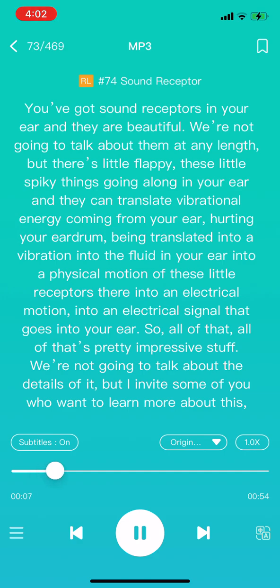Sound receptors. You've got sound receptors in your ear, and they're beautiful. We're not going to talk about them at any length, but there are these little flappy, spiky things going along in your ear, and they can translate vibrational energy coming from your eardrum, being translated into a vibration in the fluid in your ear, into a physical motion of these little receptors, into an electrical signal that goes into your brain.